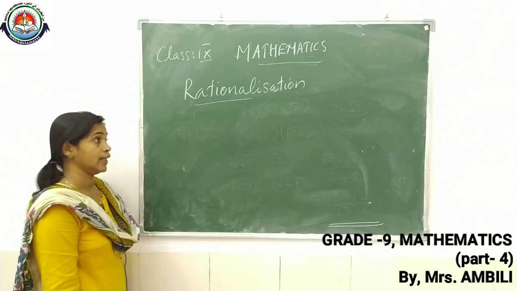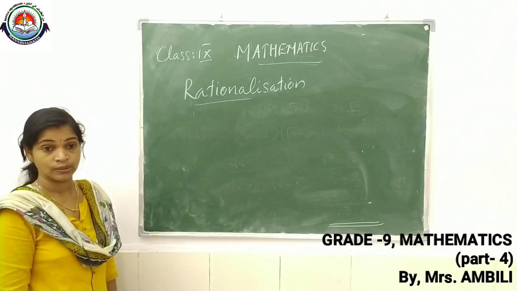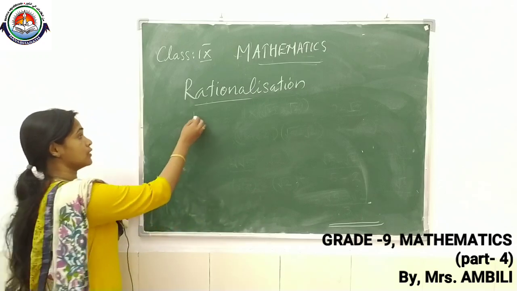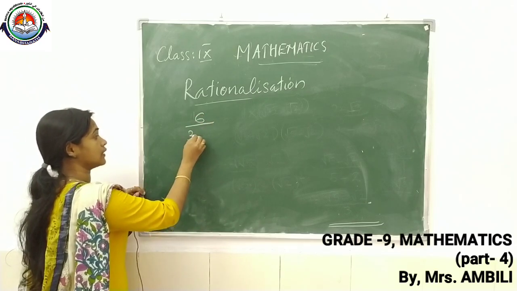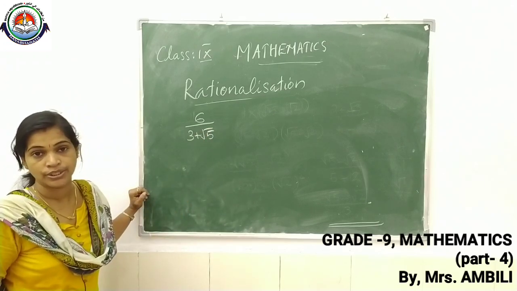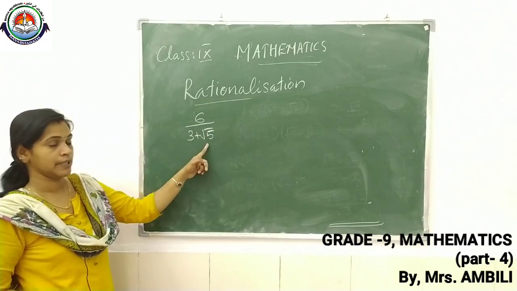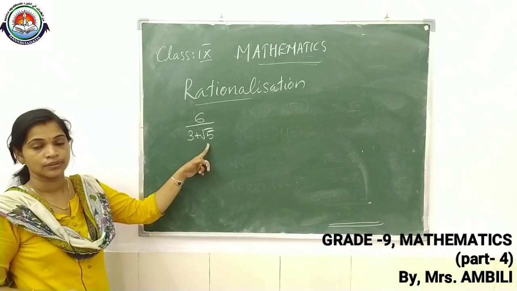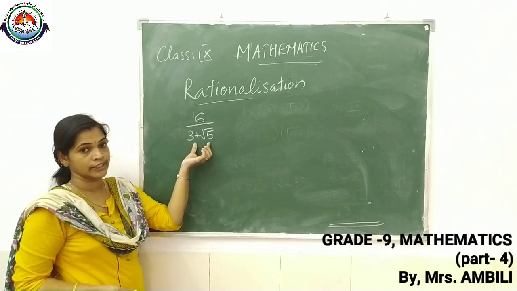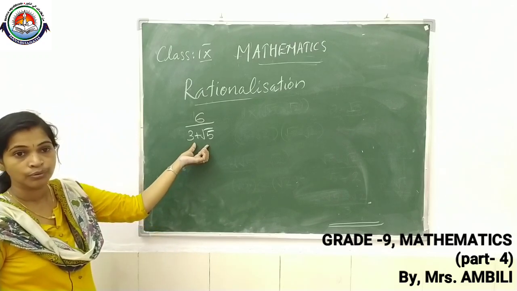Rationalize the denominator of, write the question, 6 by 3 plus root 5. Okay, start here. What is the denominator? 3 plus root 5.